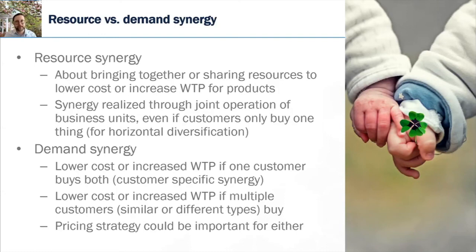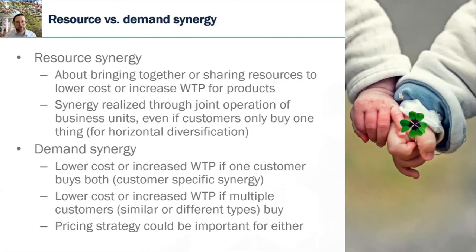On the flip side, with what we talked about today, demand-side synergies are based more on customer behavior. So you have a lower cost or increased willingness to pay if one customer buys multiple products from you at the same time. That would be an example of a customer-specific synergy, whether it's lower cost or increased willingness to pay.